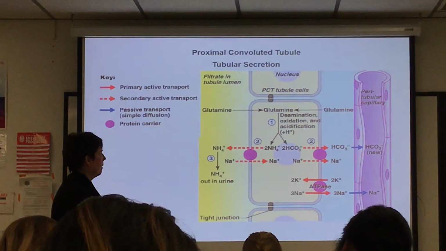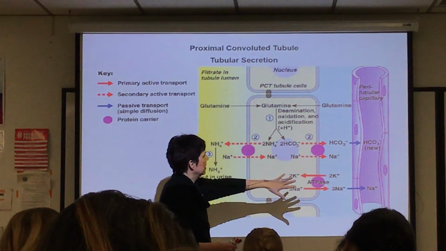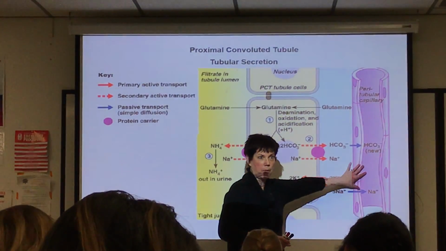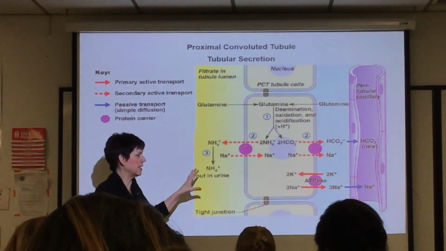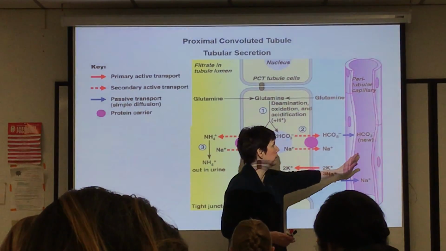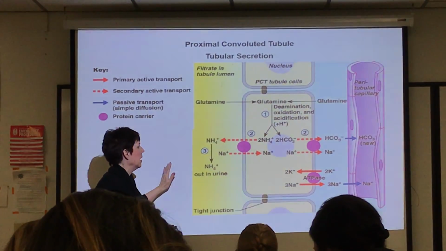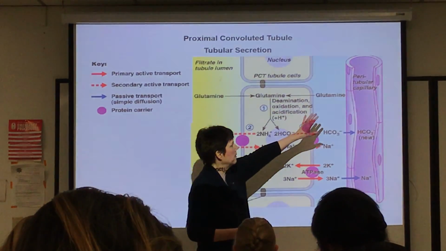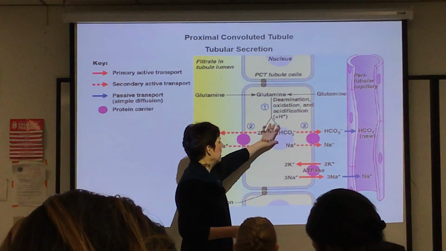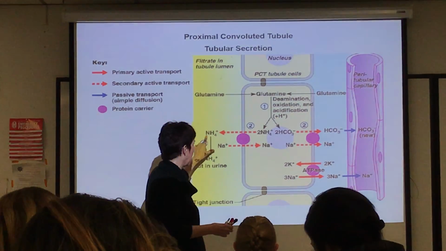So secretion is when we have material in the plasma that we want to get rid of more than we actually filtered. So in addition to what was filtered, we're going to move more material into the filtrate. And this is showing the amino acid glutamine being broken down into ammonium ions.